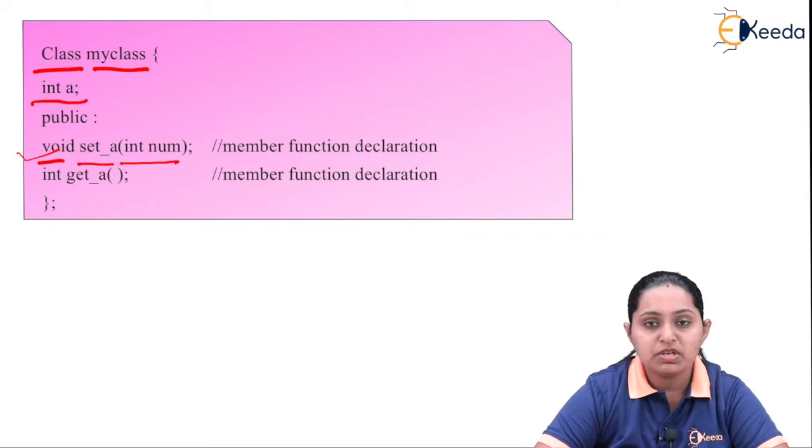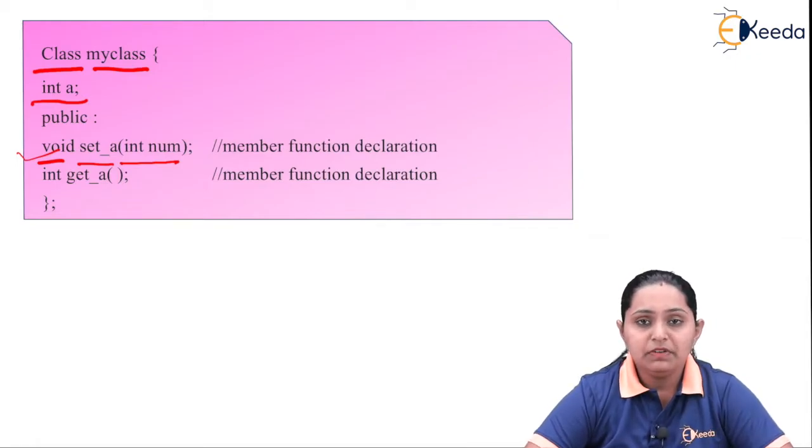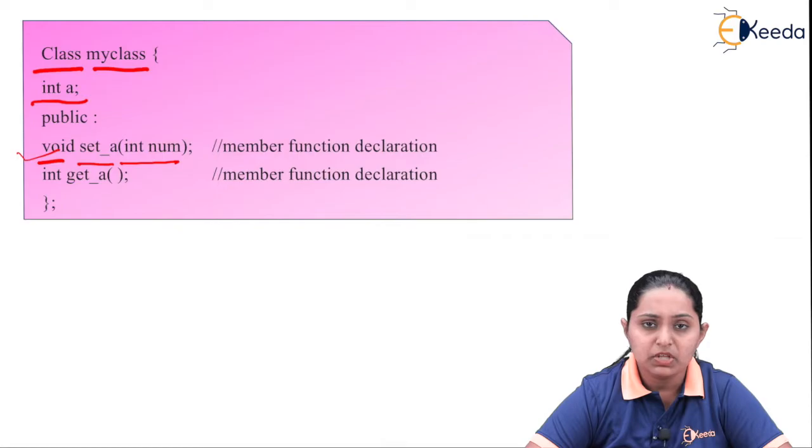Then int getA. This is a function which is used to get the value of a. This also does not have a function definition. But without the function definition, how will the function work? So for that, you have to provide the function definition. How can we do that?